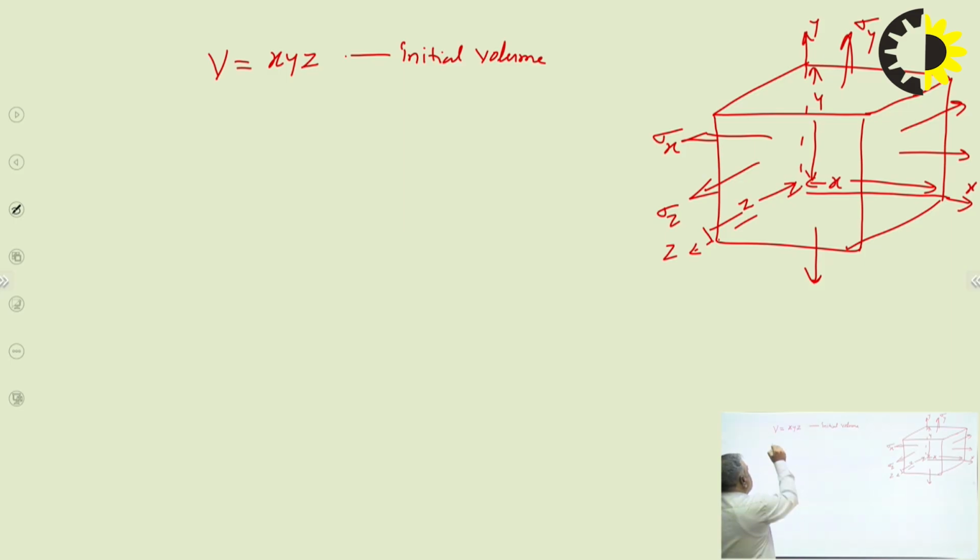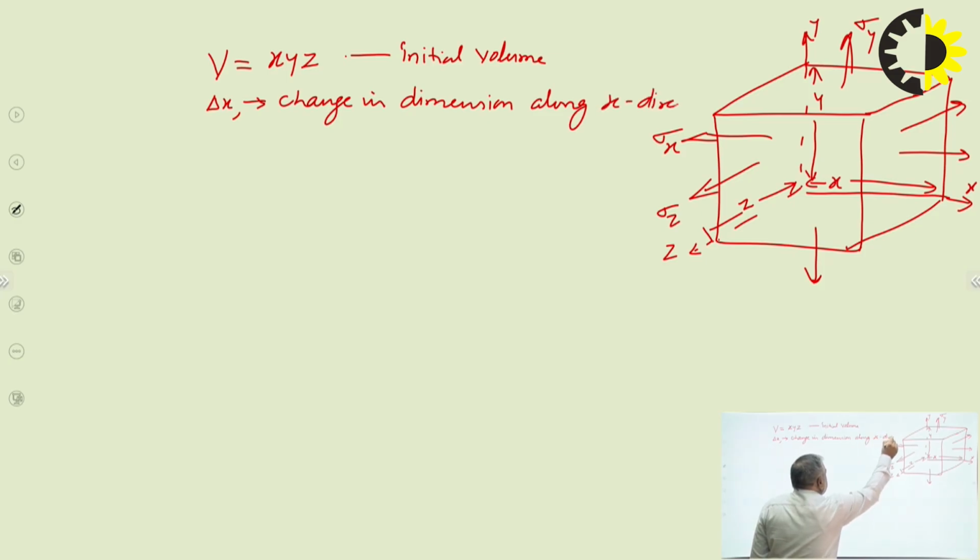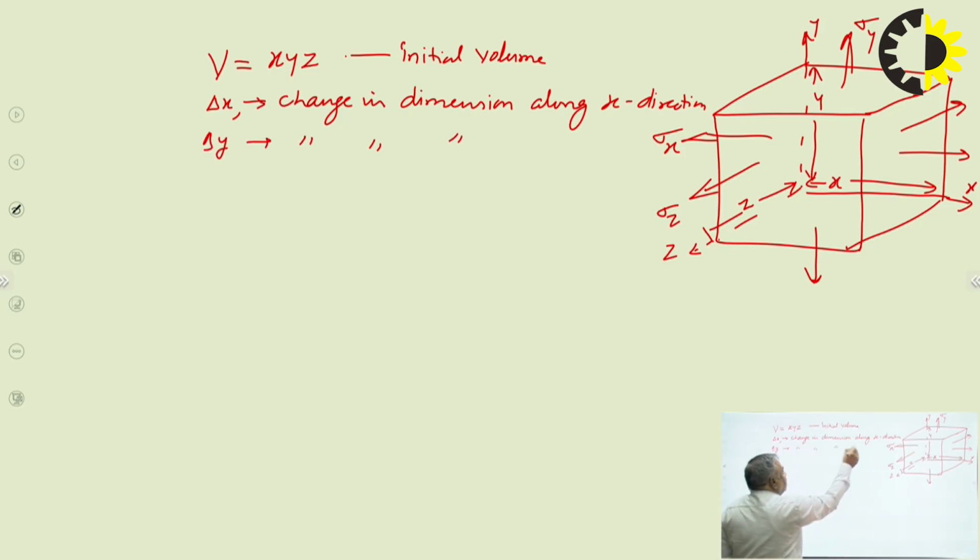Delta x is the change in dimension along x direction. Delta y is the change in the dimension along y direction.